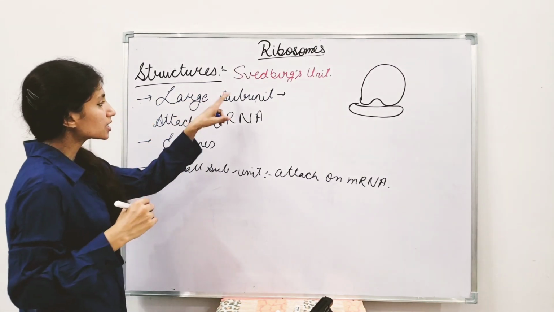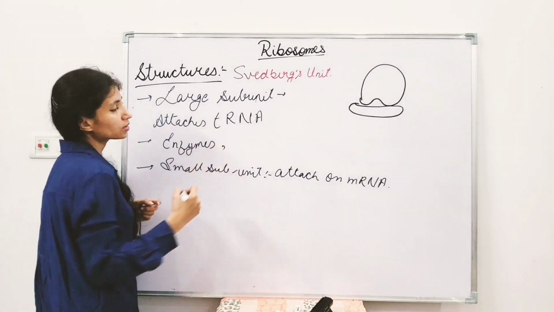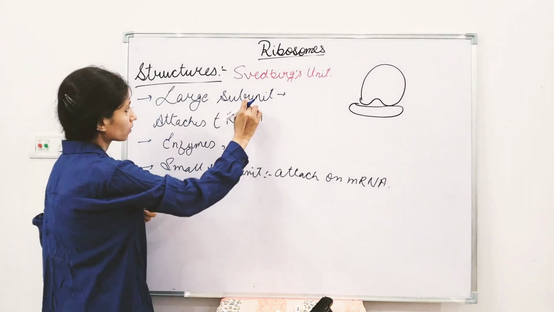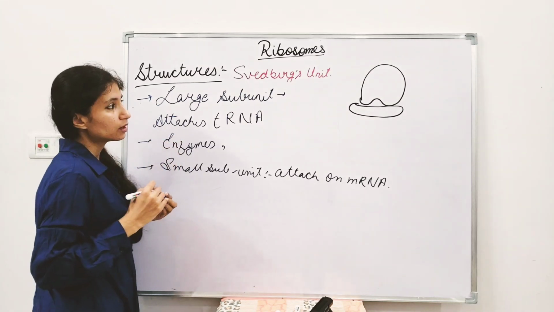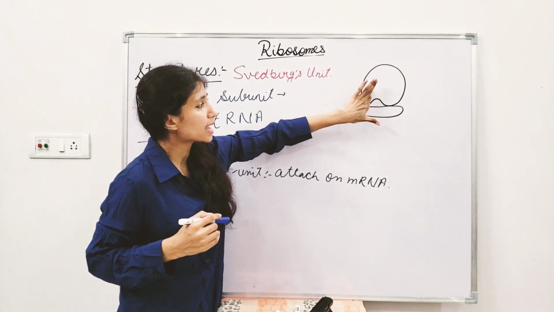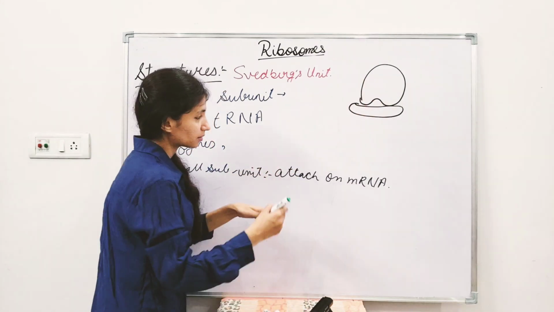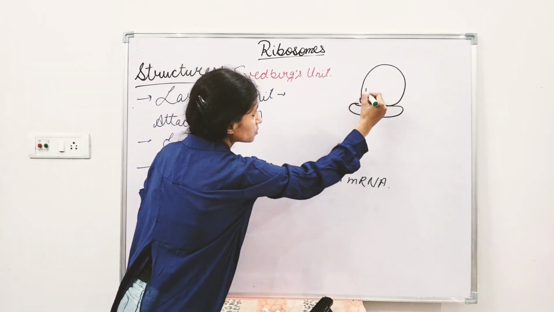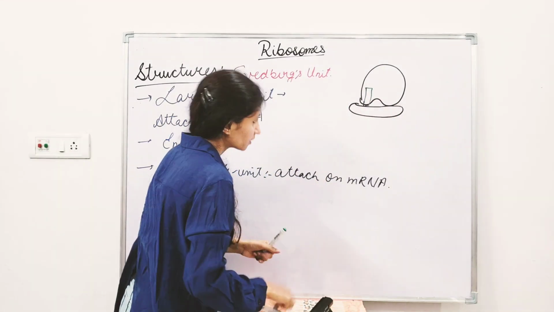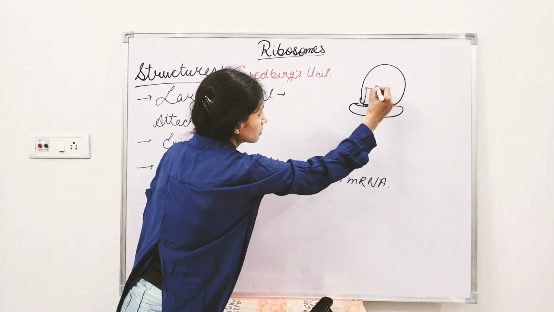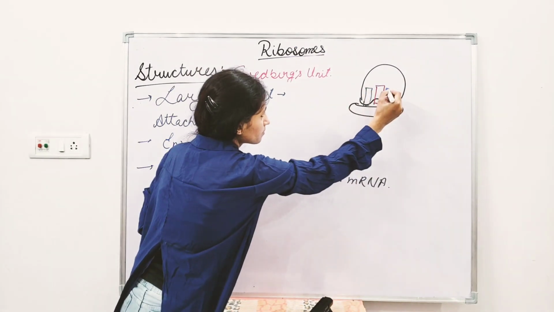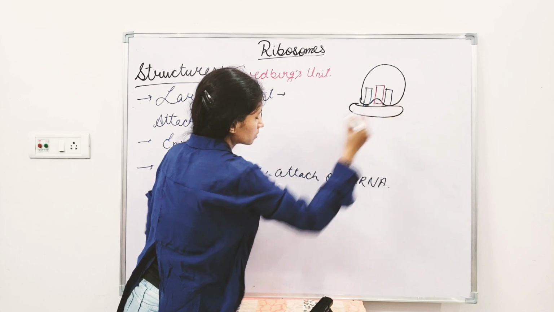Other than that, the large subunit also has three sites. If I note down the three sites, they are like this. I just drew them with three different pens so that you understand. Second is this one, and third is this one, okay.